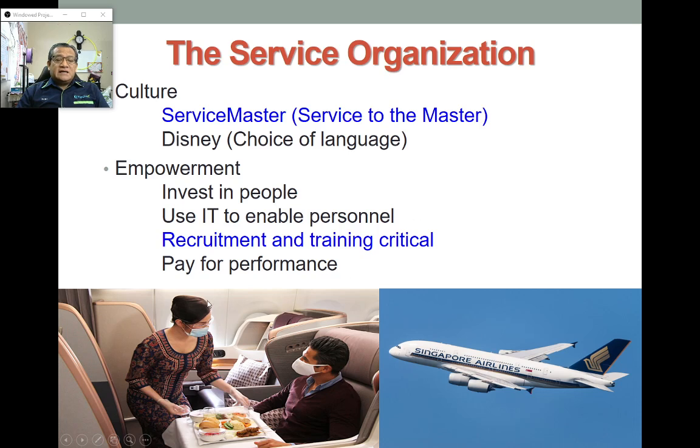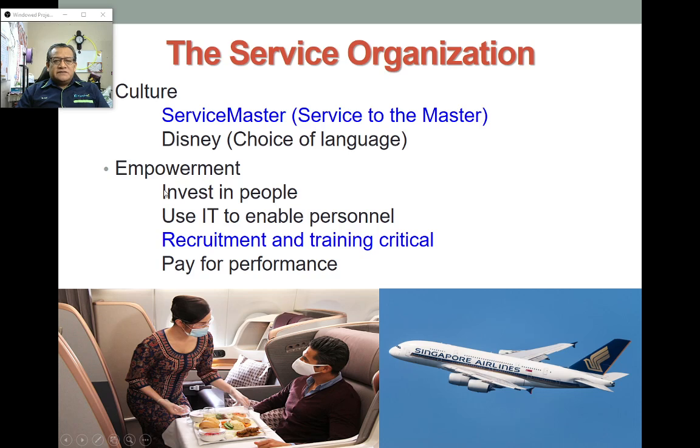So that has been inculcated in the SIA employees, as far as a stewardess or pilot or steward, to give the best service to customers. That's why they are able to attain one of the best airline service provider positions in the current times.